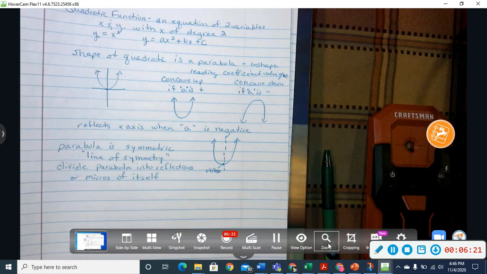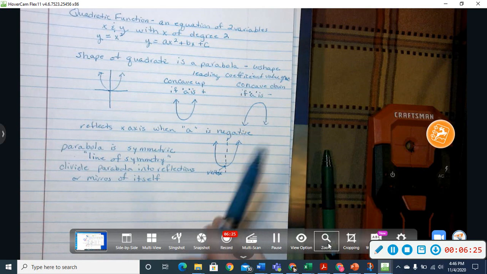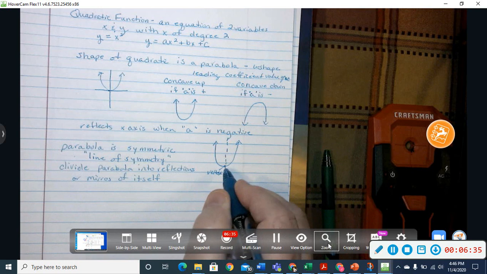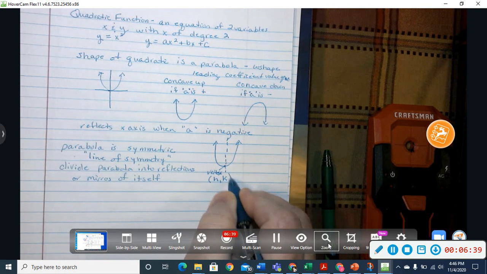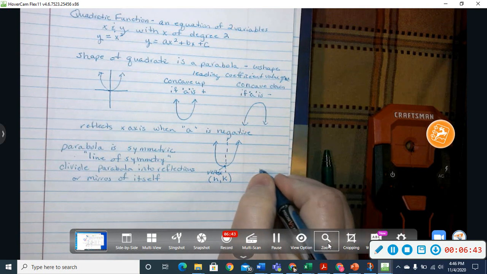And again, this line of symmetry does not depend on whether it is concave up or concave down. That line of symmetry goes through the vertex. The vertex is denoted by the values h, k. And so the line of symmetry is always equal to the value of h.